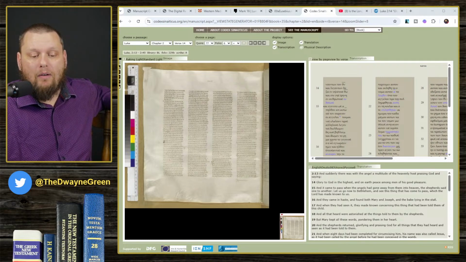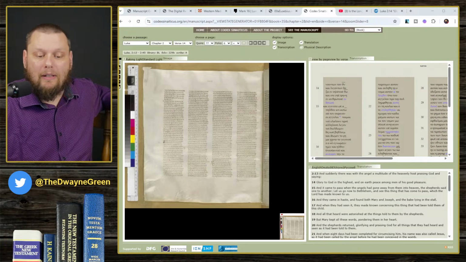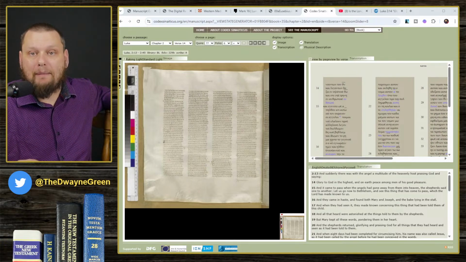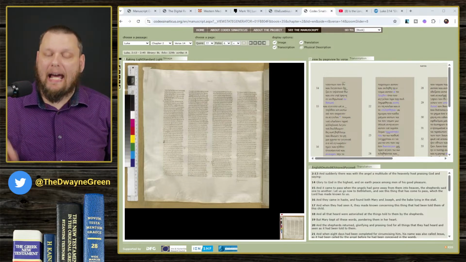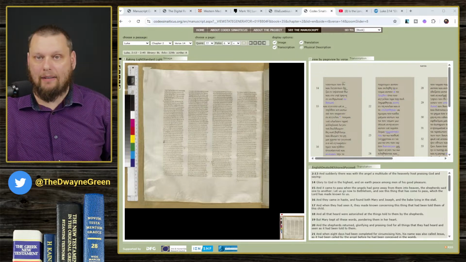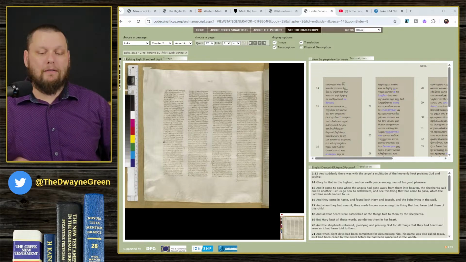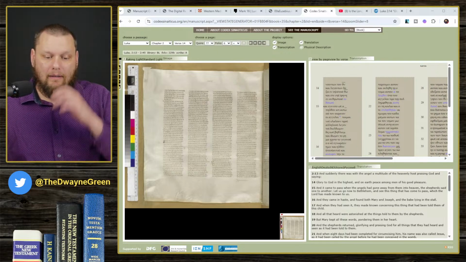Now these are 4th and 5th century manuscripts, and these 5 manuscripts contain the reading with the sigma, okay? And so the reading with the sigma is as it is in the New American Standard Bible. That is, favor with whom he is pleased, okay?